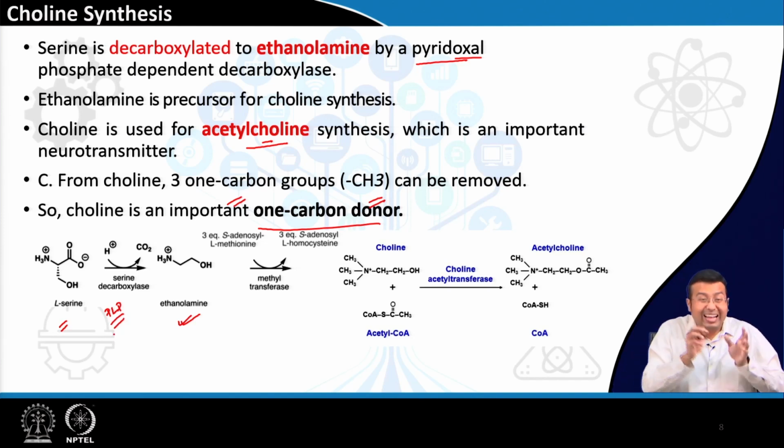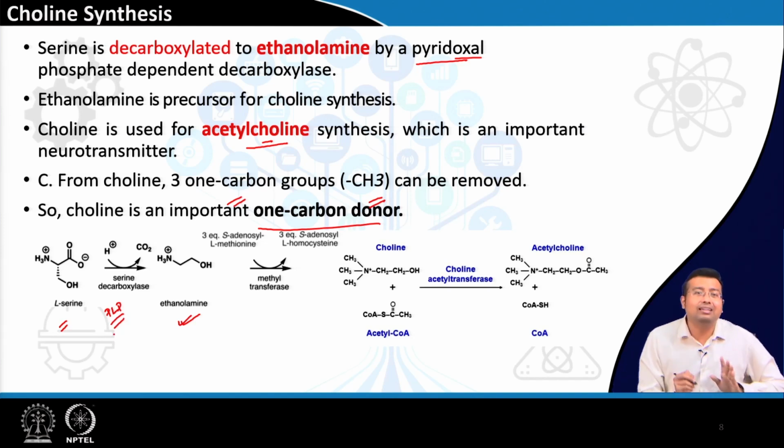Then there is a methyl transfer reaction, not 1, not 2, but 3 methyl groups are transferred to ethanolamine, which leads to the formation of trimethyl ethanolamine or choline. We will be seeing this reaction again in detail.